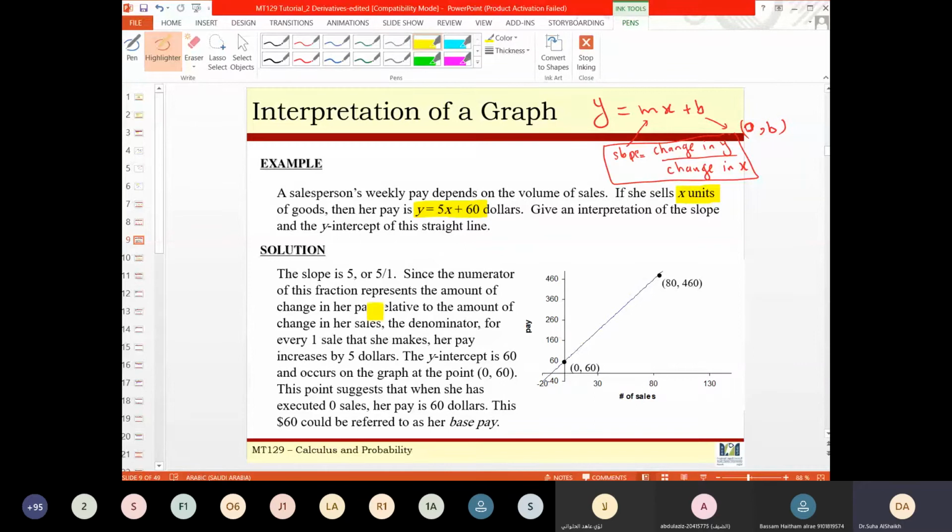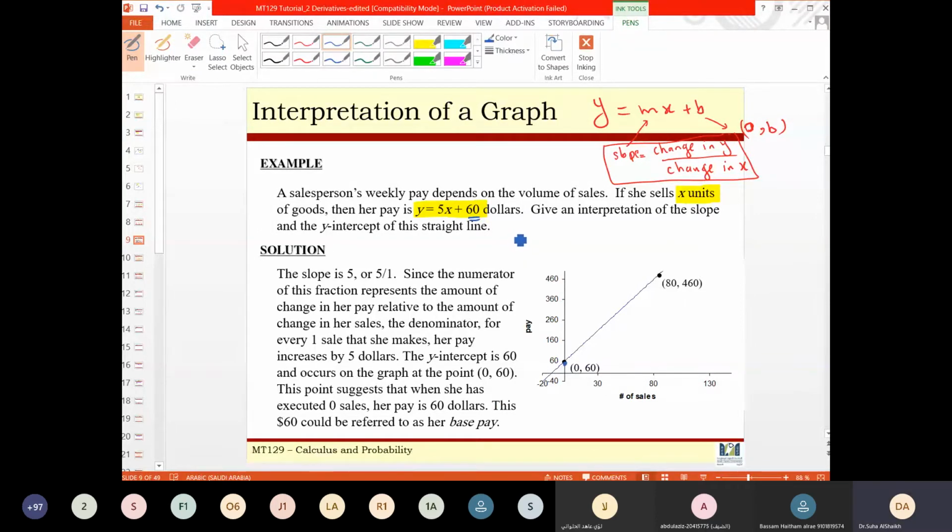It's a line equation, y = 5x + 60. If you draw it, it looks like this. I'm cutting the y at 60, so this point is (0, 60). And the slope is 5. The rate of change is 5.